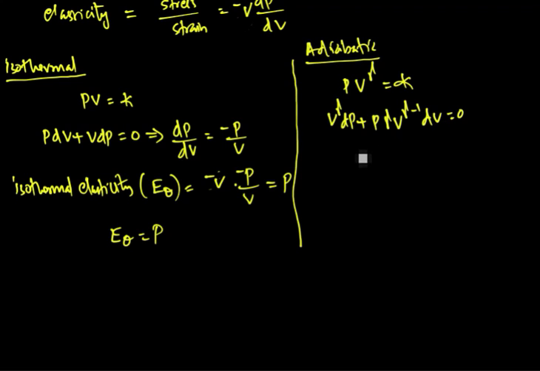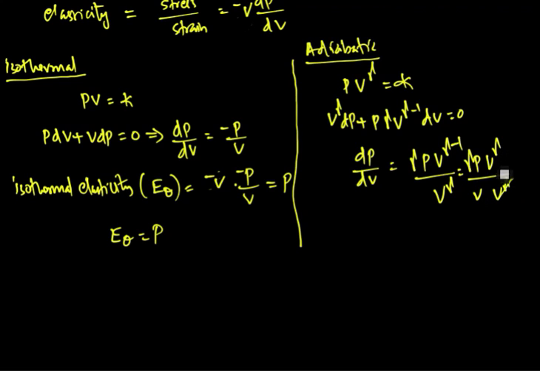So from this equation, if you calculate dP by dV, we will get dP by dV is equal to gamma times P into V raised to gamma minus 1 divided by V raised to gamma, with a minus sign. V raised to gamma minus 1 can be written as V raised to gamma by V, so the V raised to gamma will cancel. So dP by dV is minus gamma into P by V.